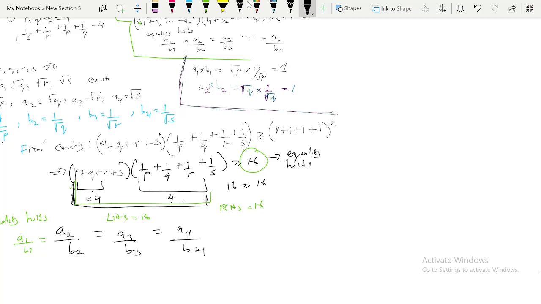So A1 over B1 is like this. So let's see.